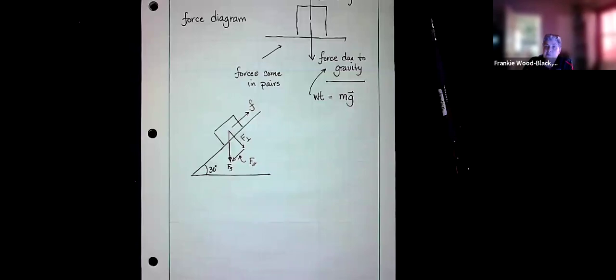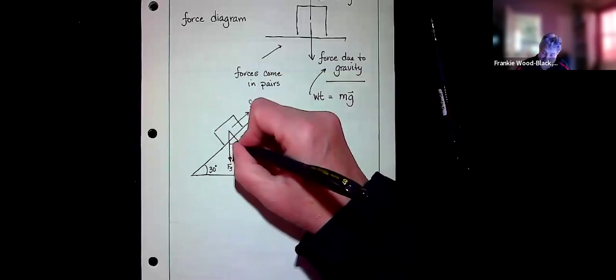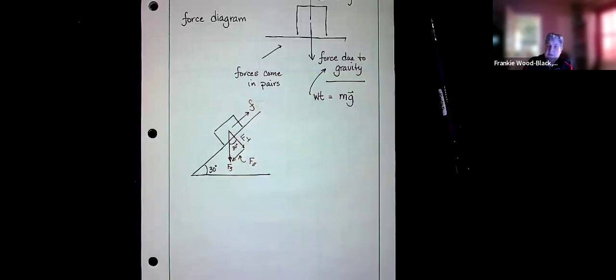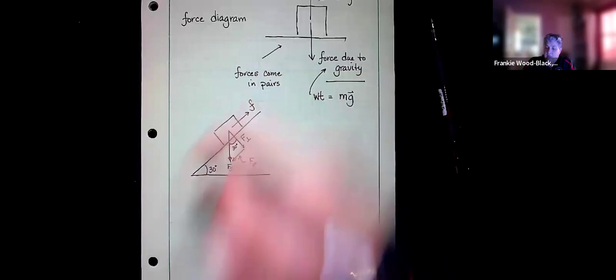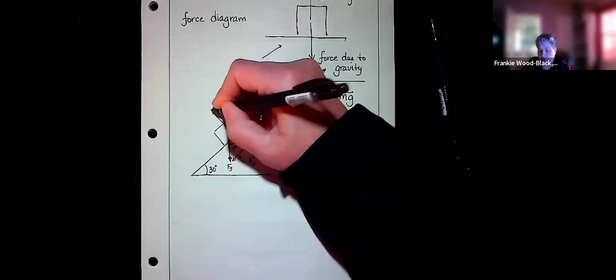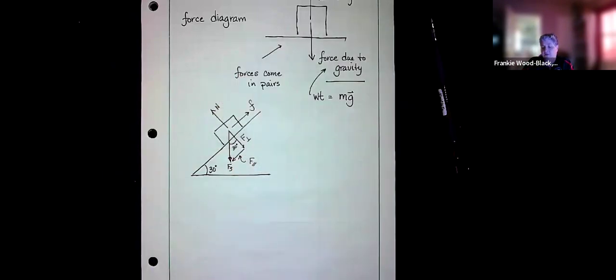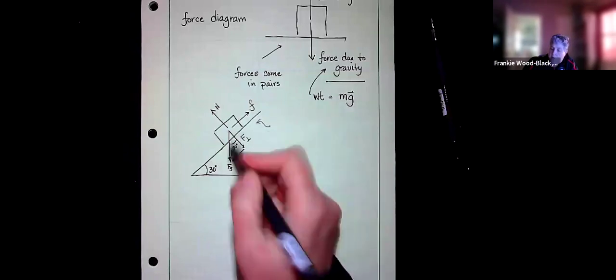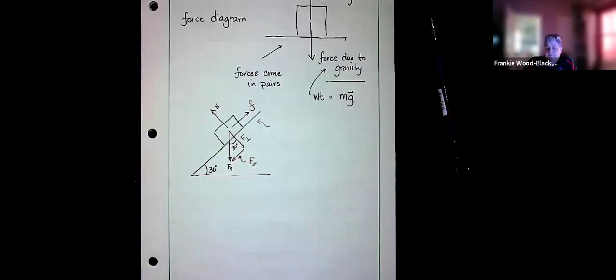If we remember our geometry from way back when, it's been a while, this angle here is going to be 30 degrees because it's related to my angle on my inclined plane. Now I have my normal force coming out. So I can look at my forces parallel or my forces perpendicular.